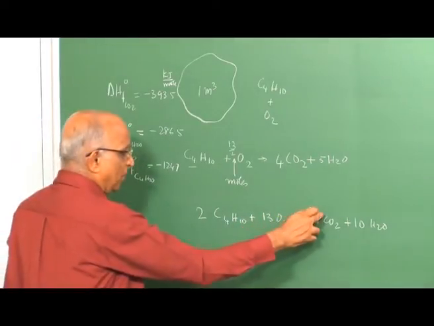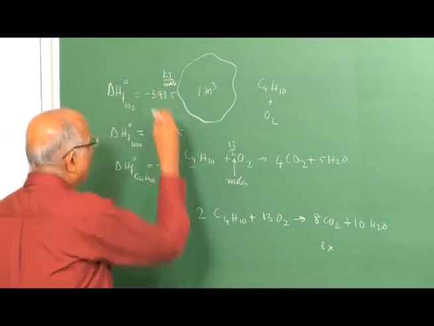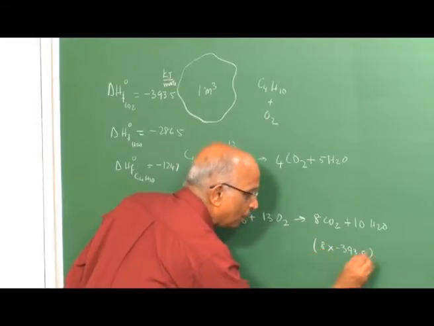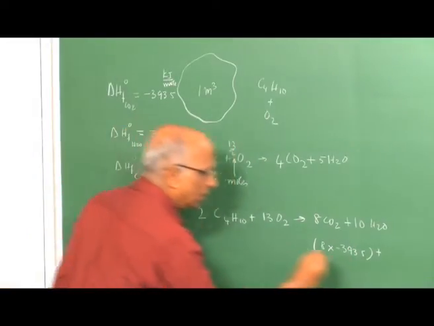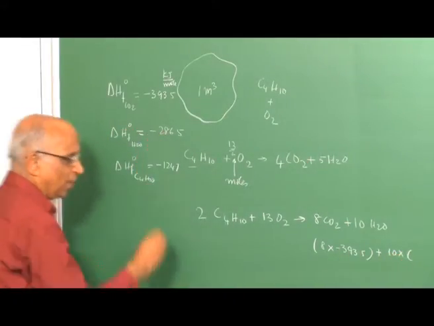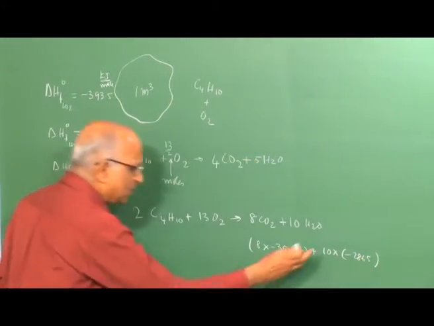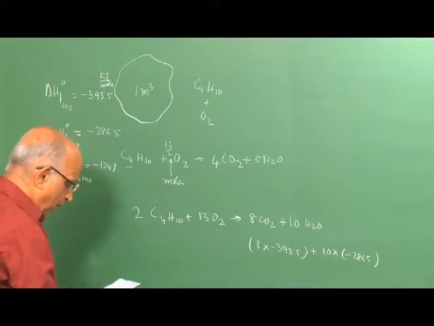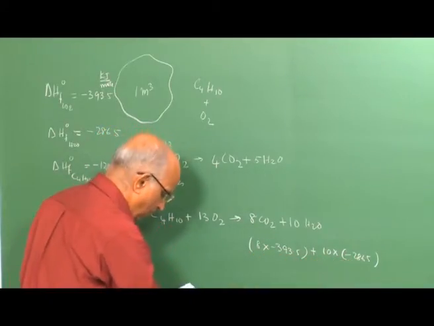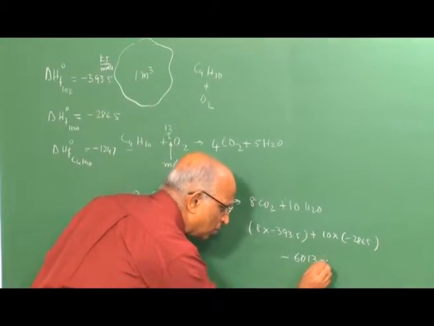We have 8 moles of carbon dioxide, therefore the heat of formation of the carbon dioxide is 8 into minus 393.5 kilojoules, plus I have 10 moles of water, that means 10 into minus 286.5, and this works out to be equal to minus 6013 kilojoules.